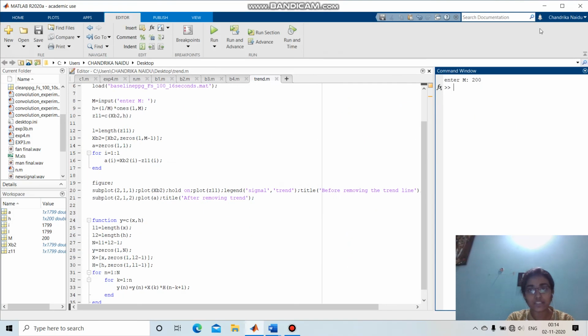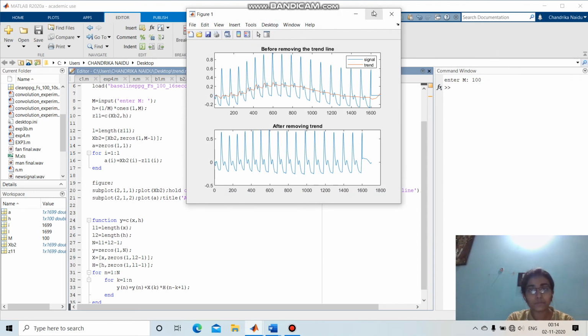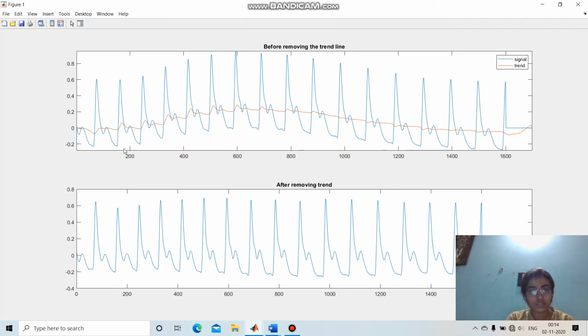And if you change the value of m, like if you run it again and change the value to 100, see, they are not in the same range before, but after doing the subtraction, we are getting all of them in the same range. This is nothing but removing the trend of a signal.